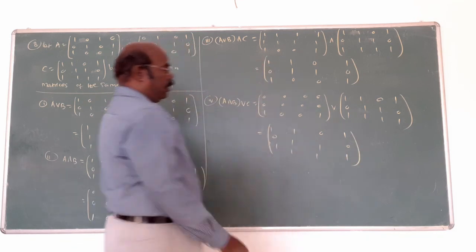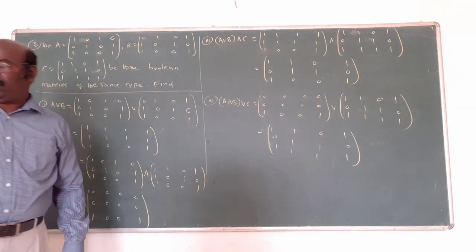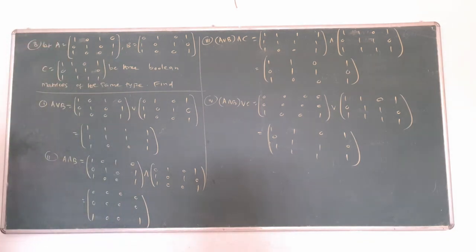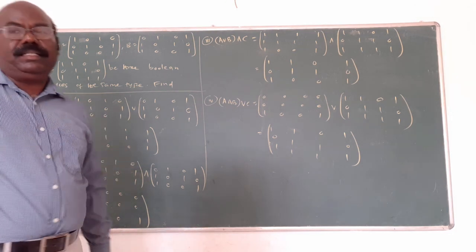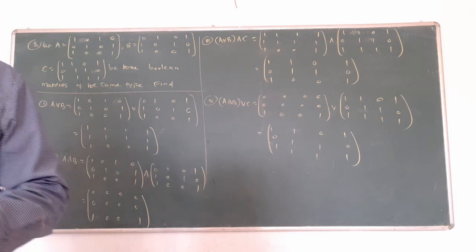Is it clear? Very simple concept. By using the previous idea only, there T, F involved, but here numbers 1, 0 involved. That's why you must follow the symbol. That's all.